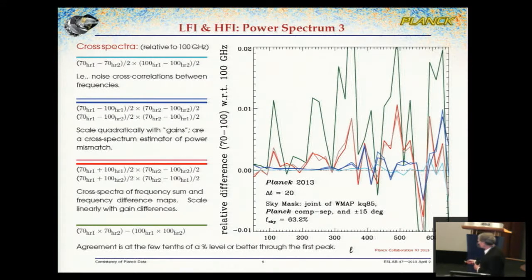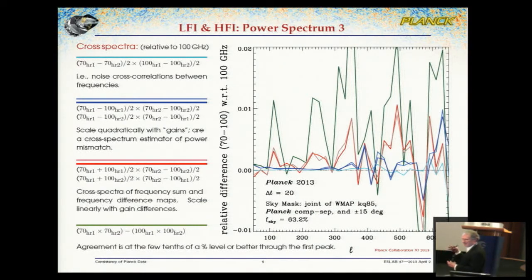This would be 70 cross 70 minus 100 cross 100, all divided by 100. That's the scaling on the axis. So it would be 70 over 100 minus 1, and that's the 0.01, 0.02, etc. So this is the cross-spectrum version of that.